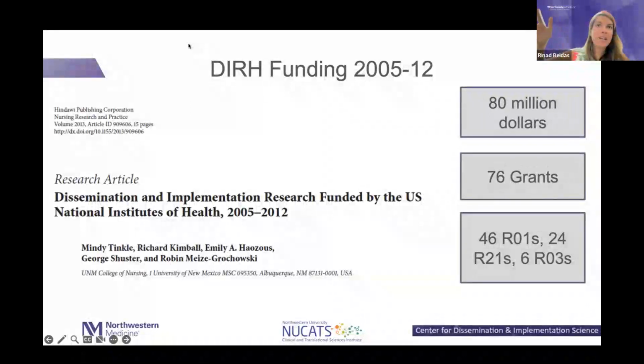And that is not including those RFA specific grants that might have an implementation focus. This is just exclusively grants that were funded by that standing study section that came together in 2005 after the first program announcement was announced, totaling 80 million. And they were primarily R01s, so the big grants that have the $500,000 a year direct cost budget or above.